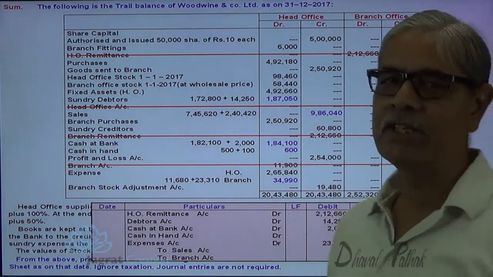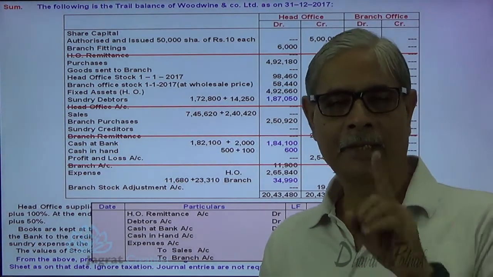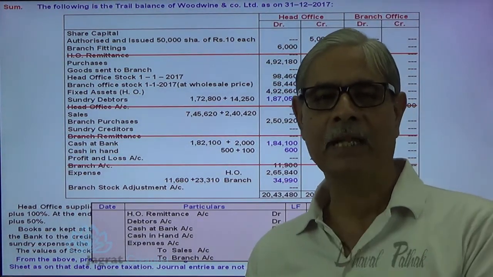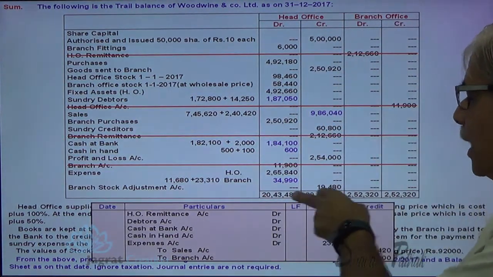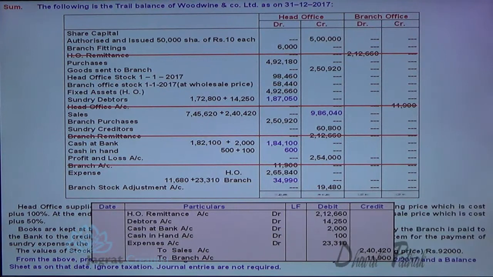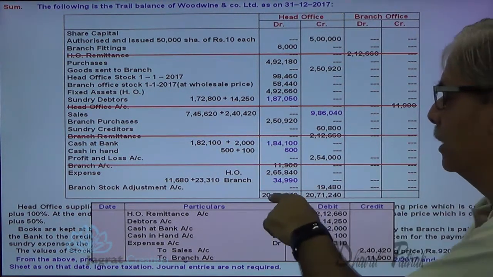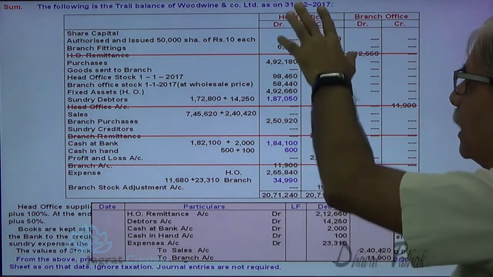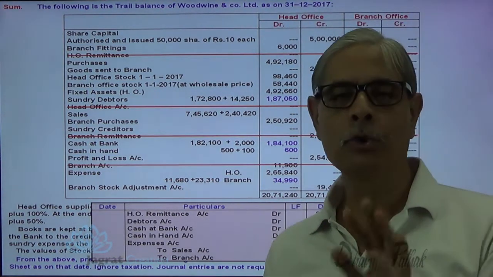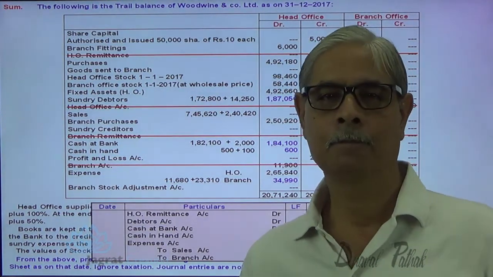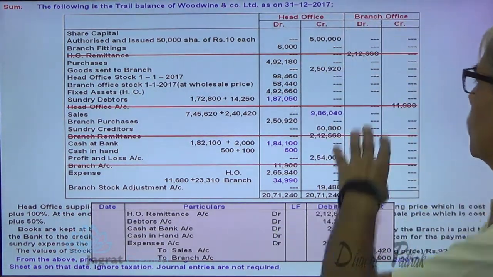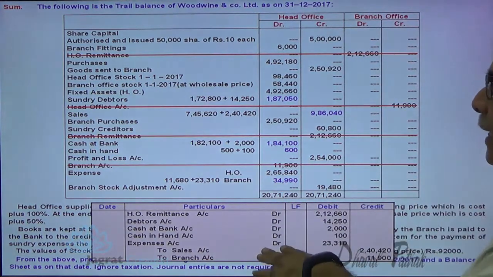So these are the changes that I have made in the trial balance of HO in light of this absorption entry. Now I will change the total. So if you make a total, the totals on both sides should agree. 20,71,240 is the total of the new trial balance that is combined for HO and branch. So this is being done away. The absorption entry is recorded.